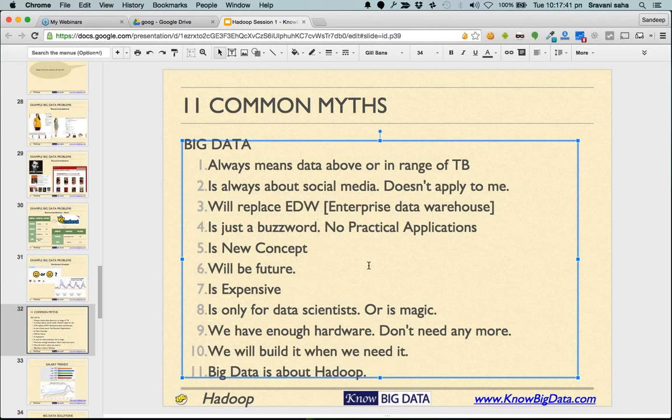The next common myth is that it is just a buzzword and there are no practical applications. It's obviously not true, because this is the only buzzword which actually has some context to it. There's a huge ecosystem of products and a huge ecosystem of developers, data scientists and users.